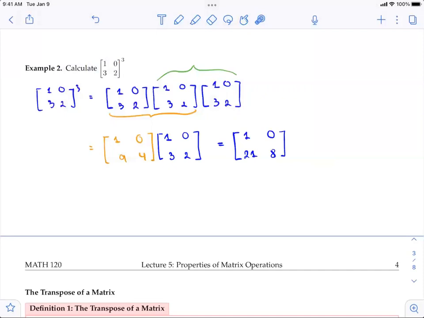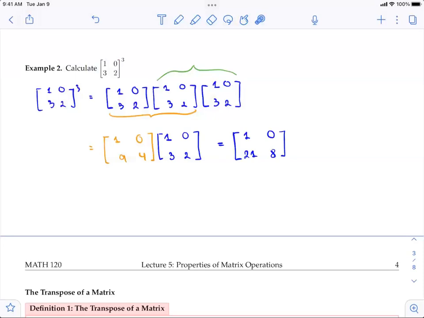Toward the end of the semester, there's a technique called diagonalization, which is extremely useful for computing the power of a complicated matrix raised to a very high power. But that's for a much later part. For now, this is how you perform the calculations on the power of a matrix.